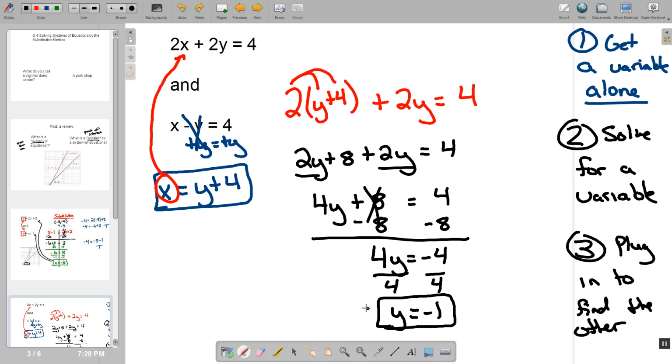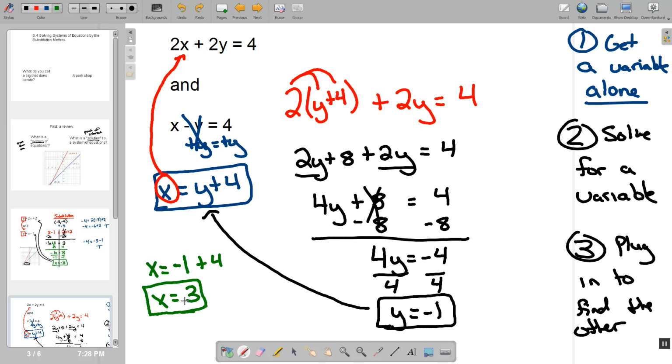So in this case, I'm going to plug it into either equation, but I'm going to plug it into this bottom one. But you could plug it into either. So I'm going to get x equals -1, because that's my y, plus 4. And so I get x equals +3. So now I get the ordered pair 3, -1 as my answer.